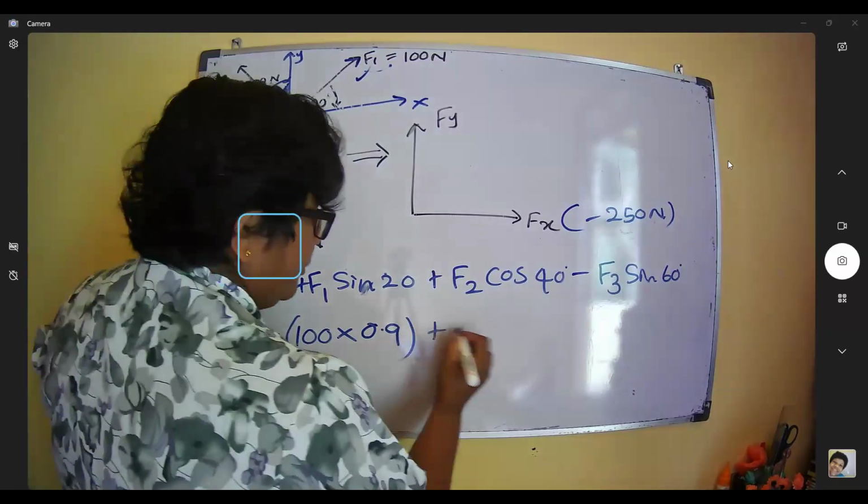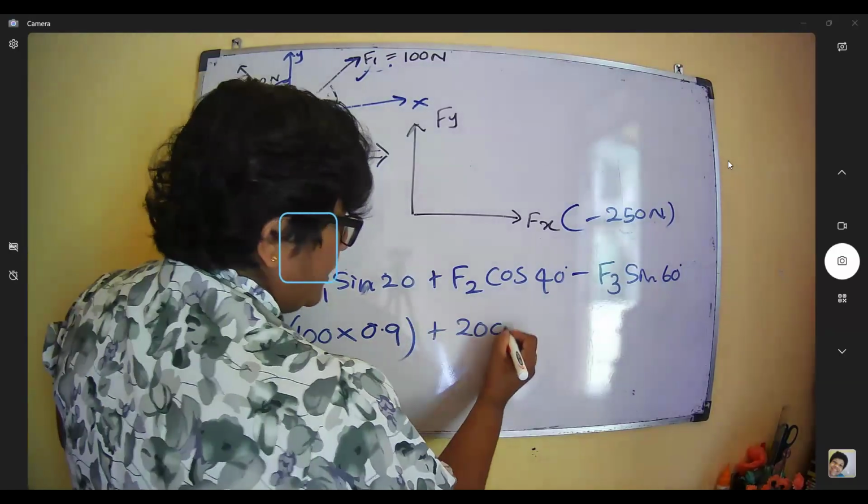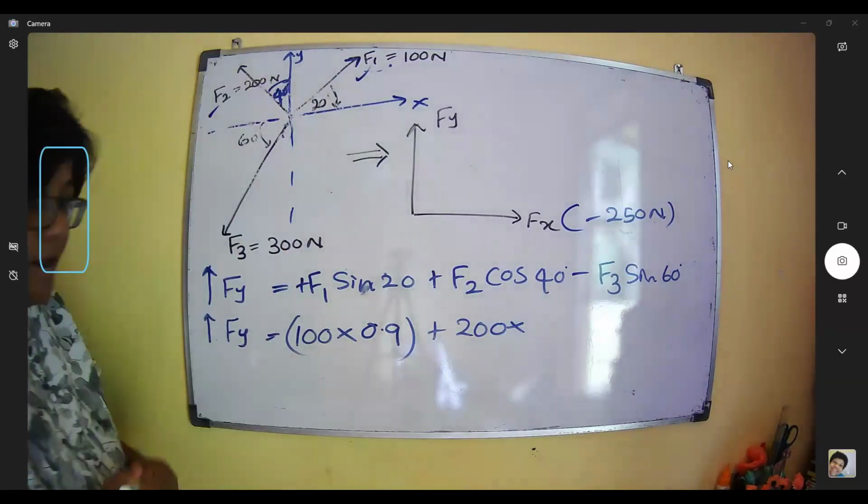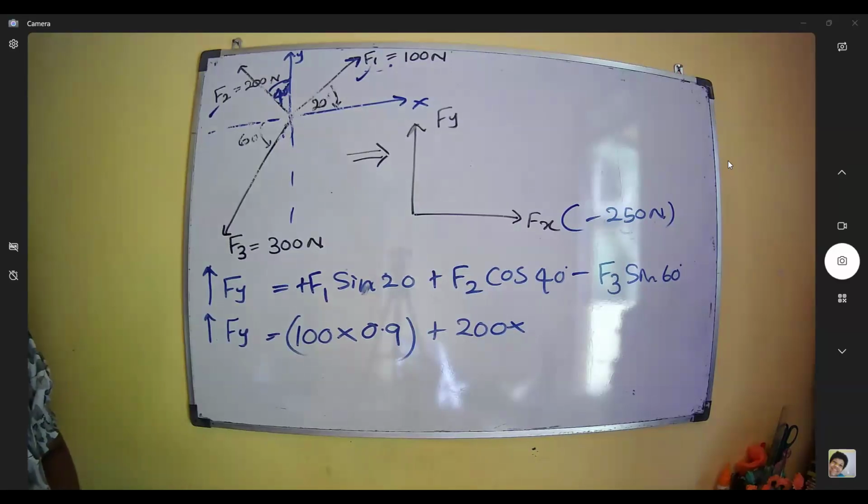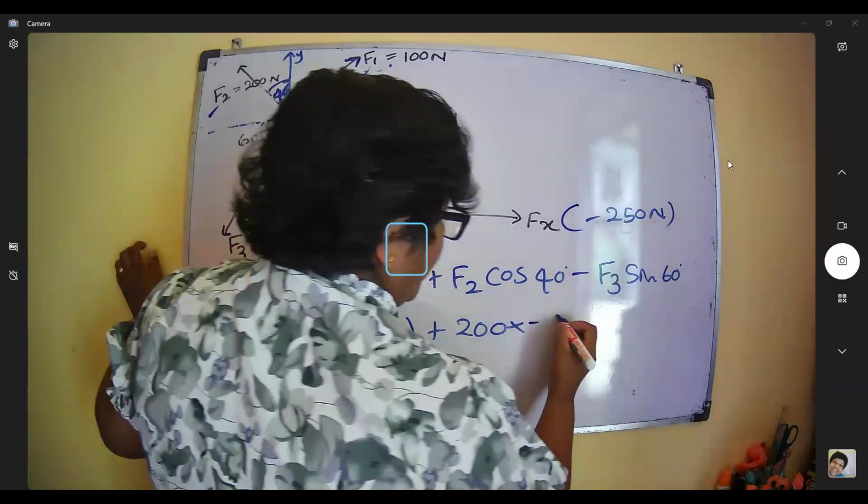Then the other one is F2, 200 Newton and cos 40, minus 0.7.